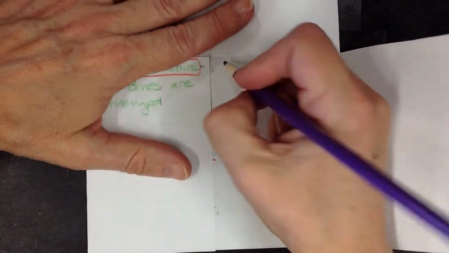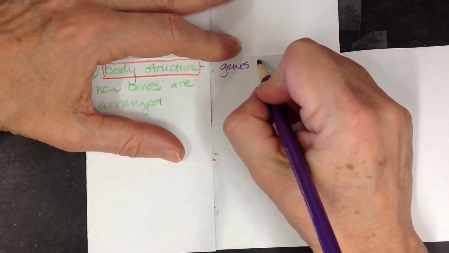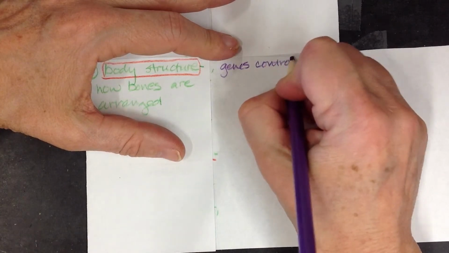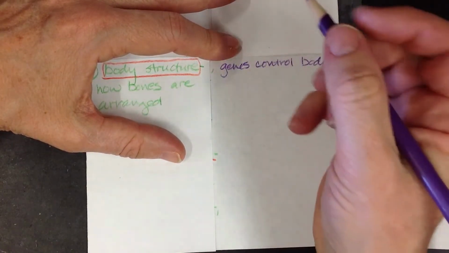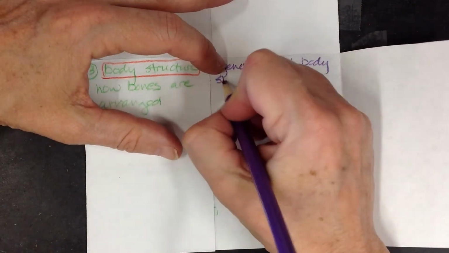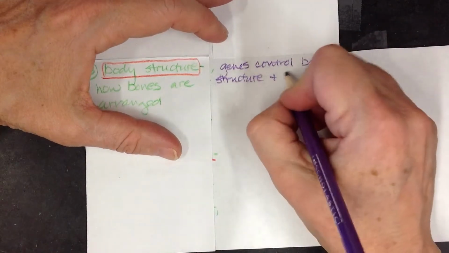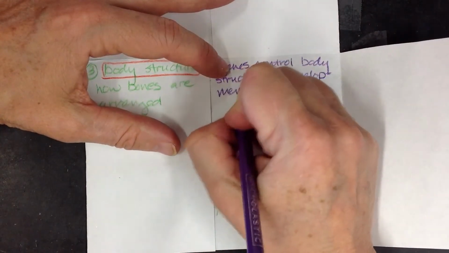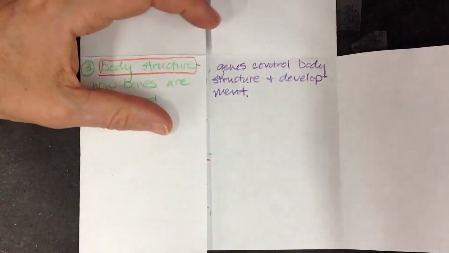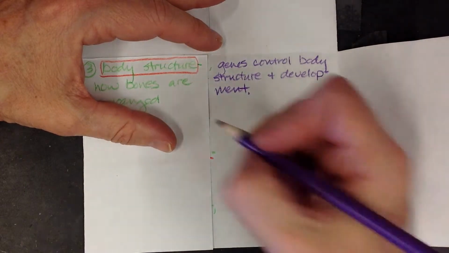So let's open up our flap here and write down that genes control body structure. Well, genes control everything about us. They control everything about what traits we have. We know that. And development. So our genes are in total charge of our development, what we end up with as far as traits are concerned.